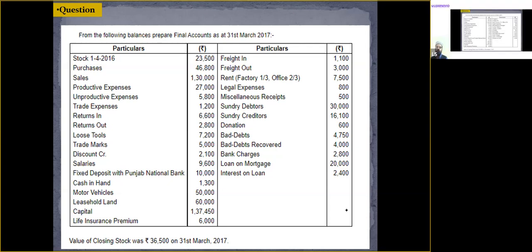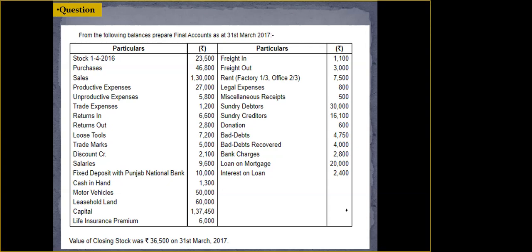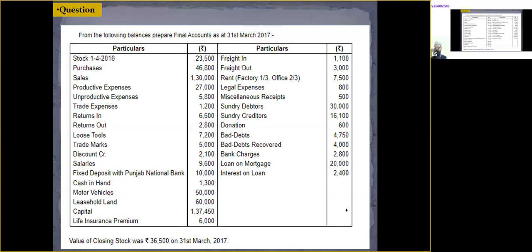Yes, correct. In the balance sheet on the asset side, as well as in the trading account on the credit side. So please write it down, everyone. Write down closing stock on the credit side of the trading account, 36,500. And then again, in the balance sheet, same amount will be recorded on the asset side by the name of stock or closing stock.